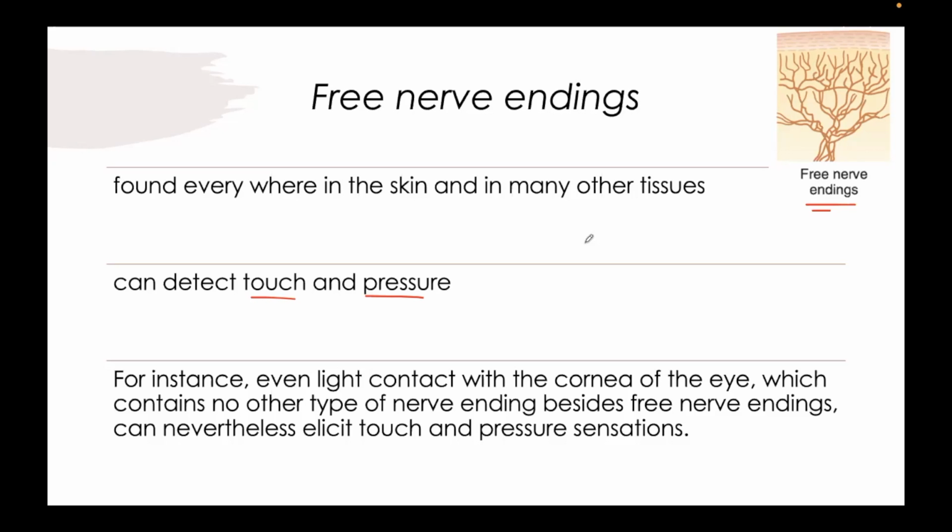My follow-up is, which is more painful: a prick for capillary blood sugar or when you extract blood? It's usually in the fingertips. There are more free nerve endings in the fingertips, and that explains why getting blood from the capillary is more painful than extracting from the antecubital fossa.